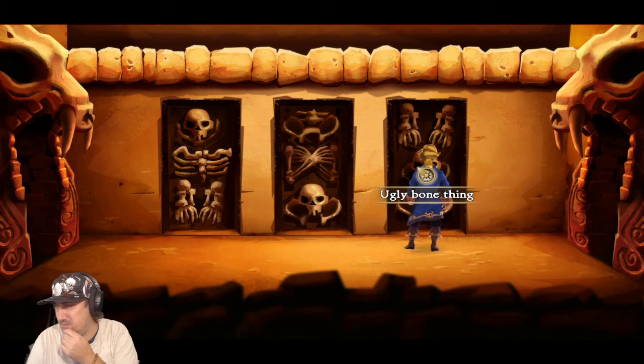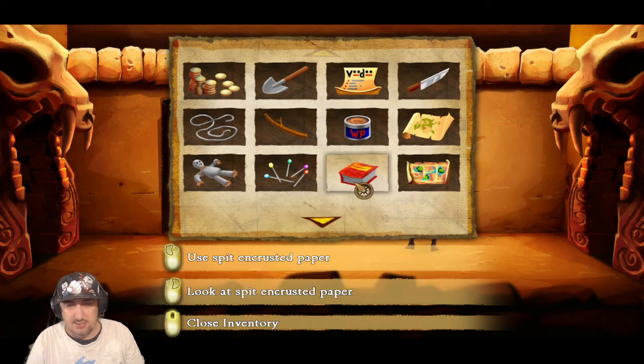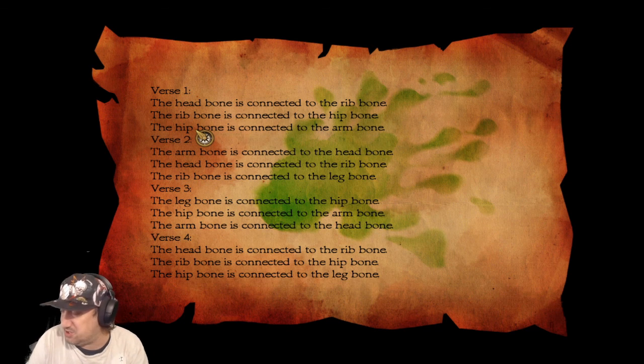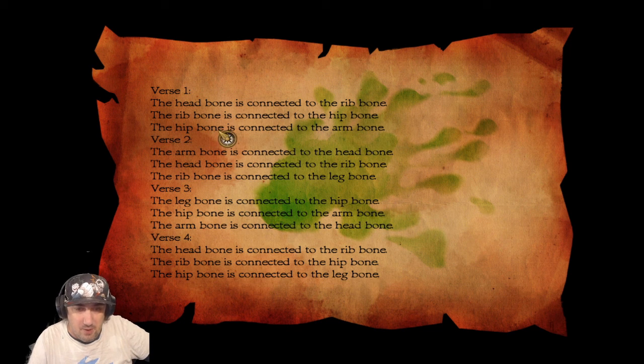Some kind of strange skeleton statue. Well, I gotta ignore the... Yeah, I just checked my notes. I don't have it complete. We gotta get the last one here.